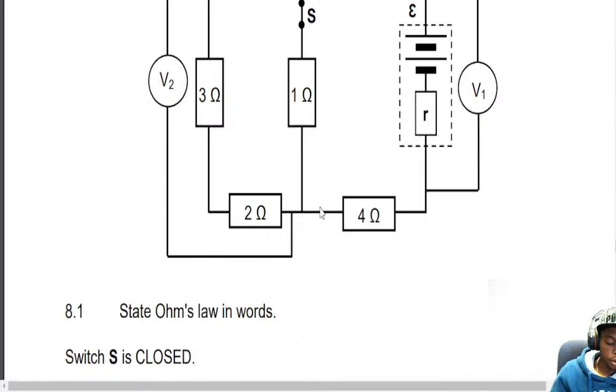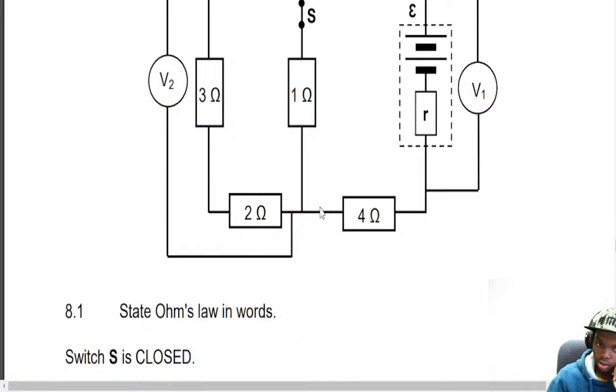So we are able to calculate the value of V1. Our formula is R equals V over I, so our voltage will be resistance multiplied by our current.